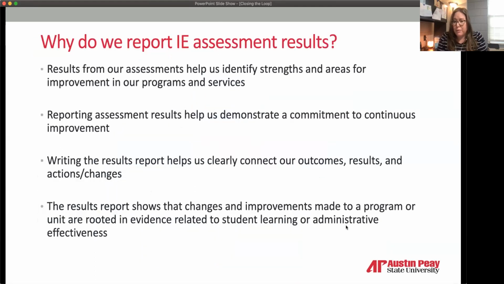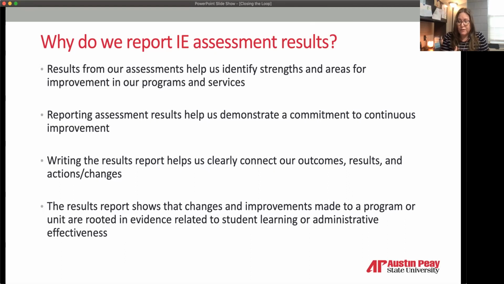So why do we report on these results? This is not just something that you're putting into a report and throwing out into cyberspace. It is required by our SACSCOC accreditation, but also we want to do this because it makes us better. It makes us a stronger institution. It helps our units provide our students with the best of what we can give them.